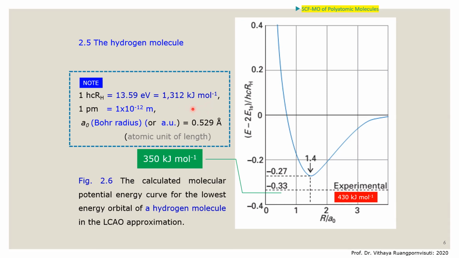And for length, 1 picometer is equal to 1 times 10 to the power minus 12 meter. And a0, or bohr radius, sometimes called the atomic length unit, is equal to 0.529 angstrom.